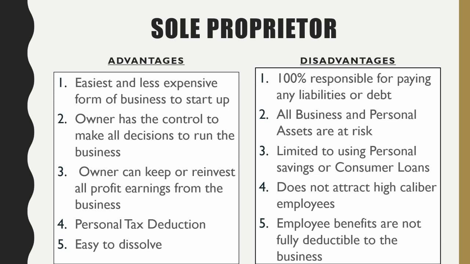Now let's compare the disadvantages of being a sole proprietor. First one is you are 100% responsible for any liabilities or debt. So again, we said that the owner can take money out from the company at any given time or pocket all the profits.